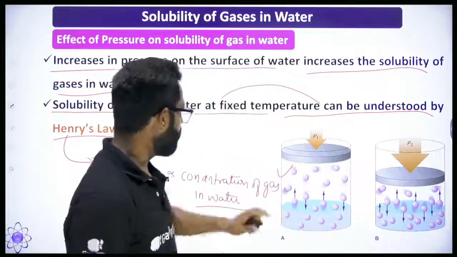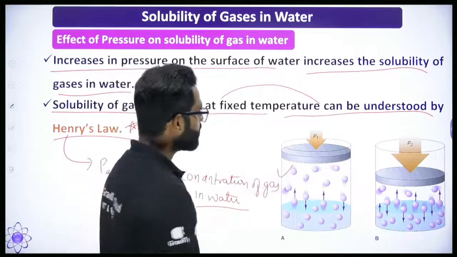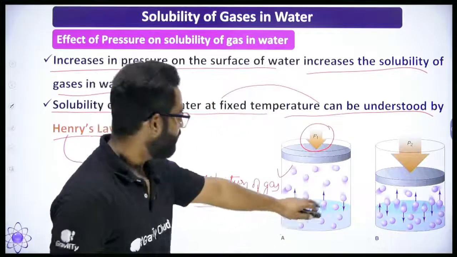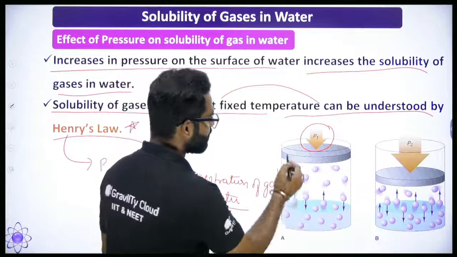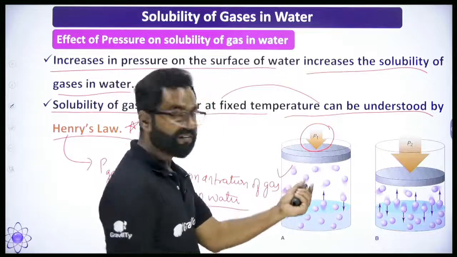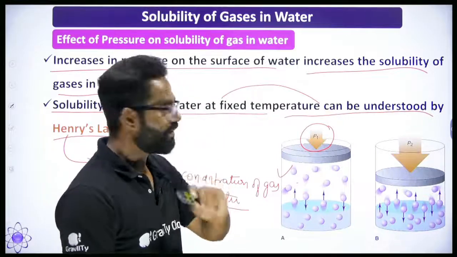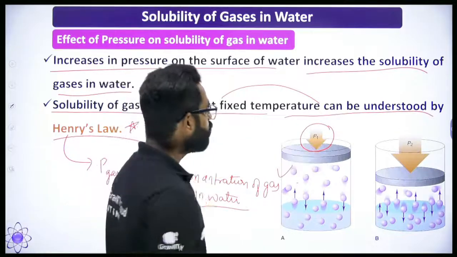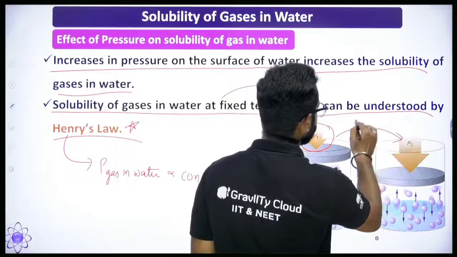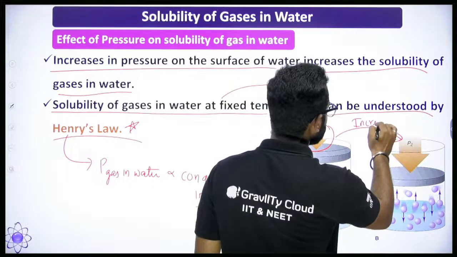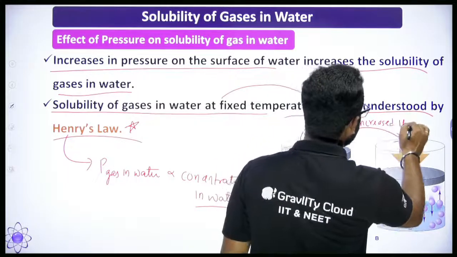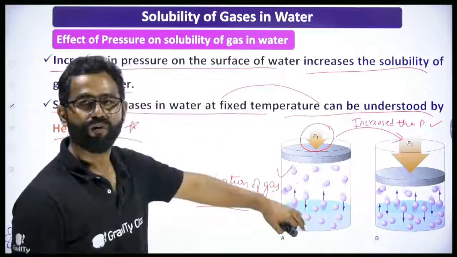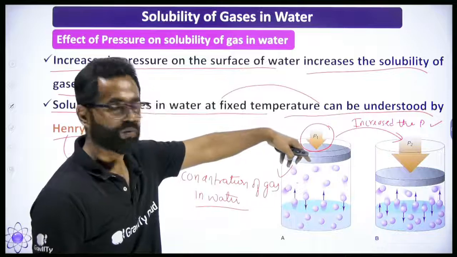One thing I want to tell you here. Suppose we have the pressure P1 over the surface of water. This is the water and this is the gas. The purple color dots are the gas. Right now P1 pressure is there. I increase the pressure over the surface of water by pulling the piston down.